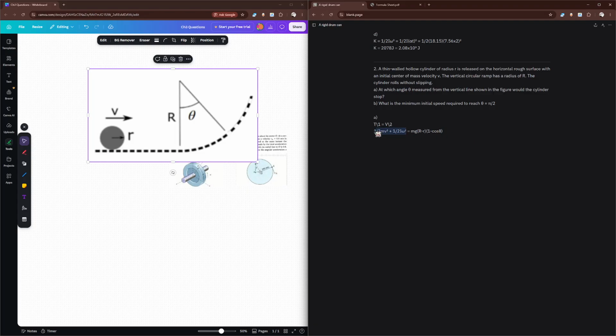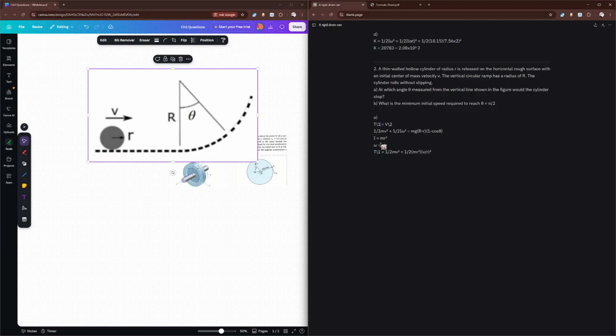Now we can also simplify this T1, right? We know that I is equal to mr squared, and we know that omega is equal to v over r. If we make this change, we have half m v squared plus half mr squared times v over r squared, and this is equal to T1.